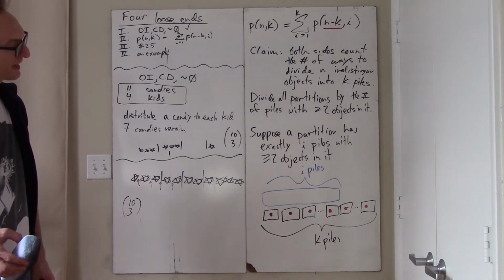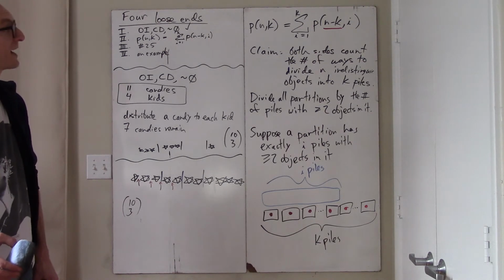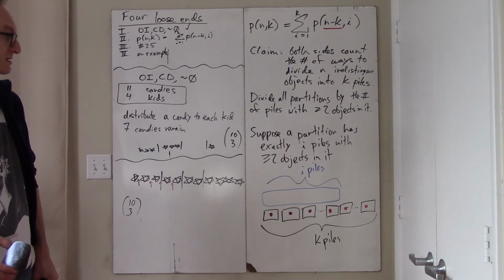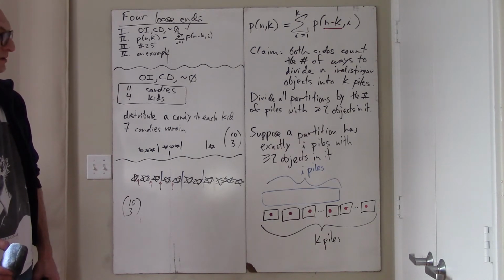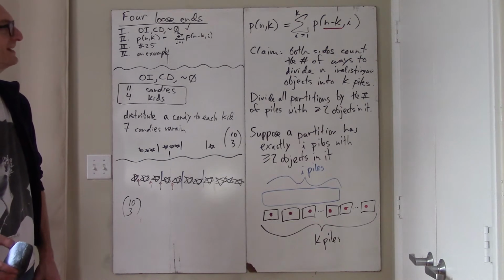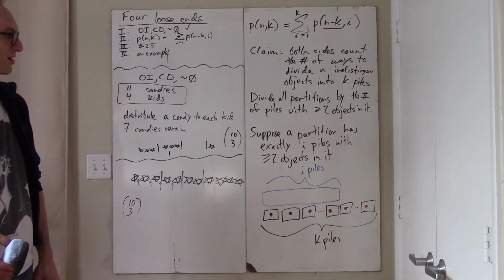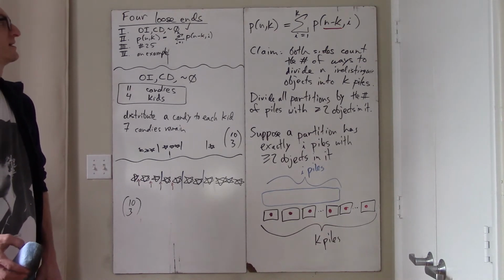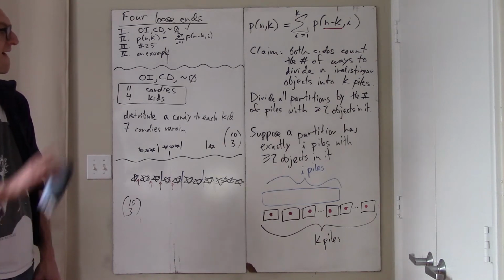That would be the case if every single pile had just one object. N objects into 0 piles. Yeah, that's interesting.